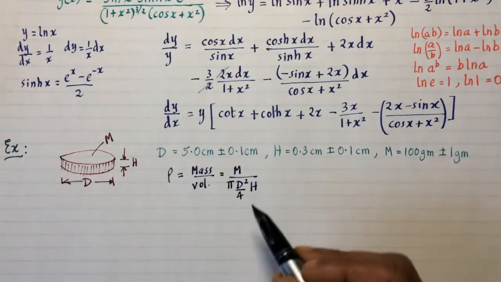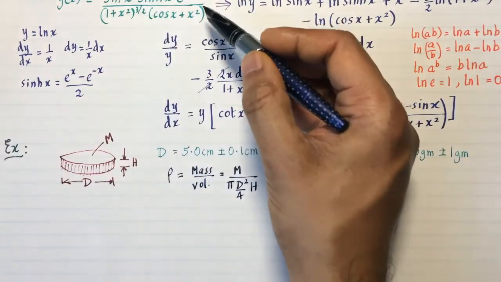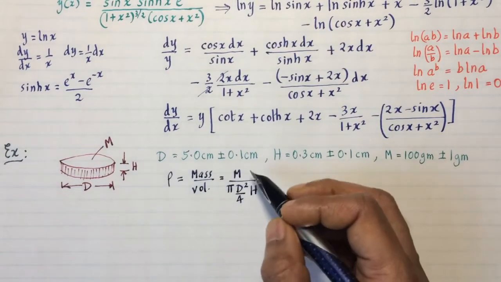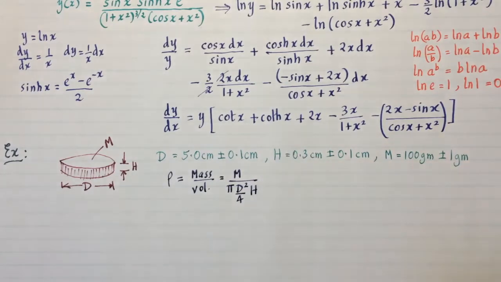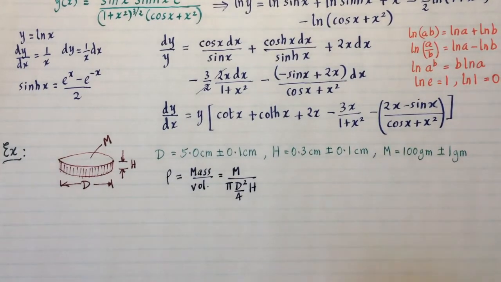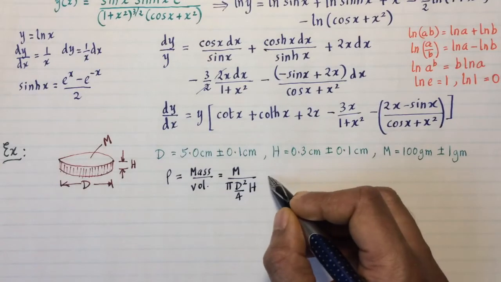Now what I'm going to do is, this looks like a complicated formula just like that. Rather than assume that it's all a function of x or something else, I'll just blindly take the logarithmic derivative.